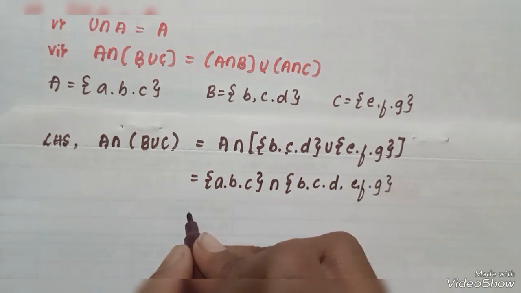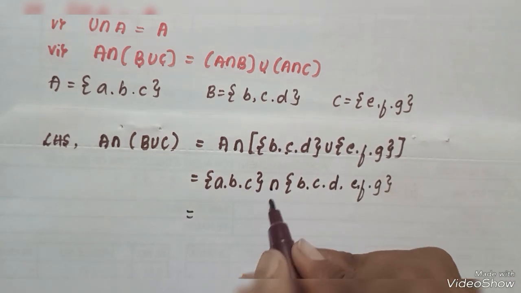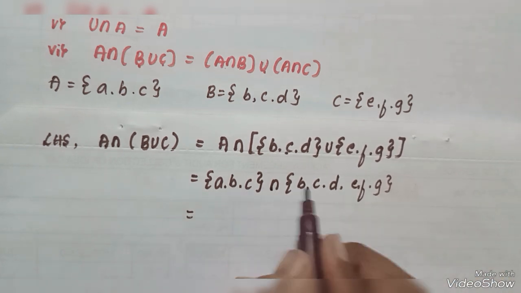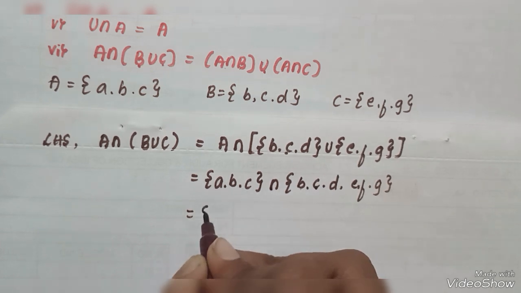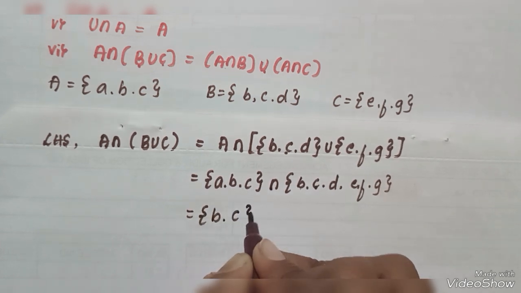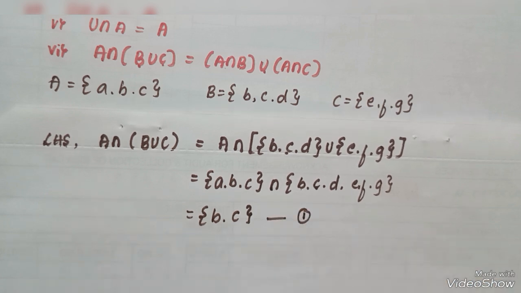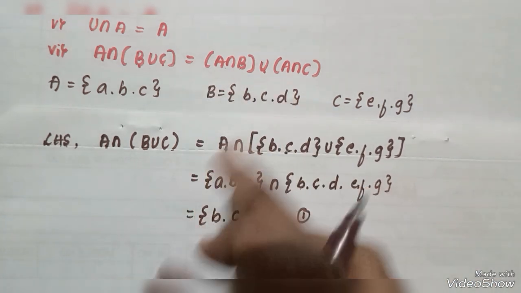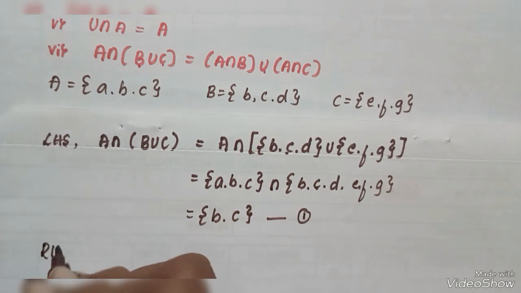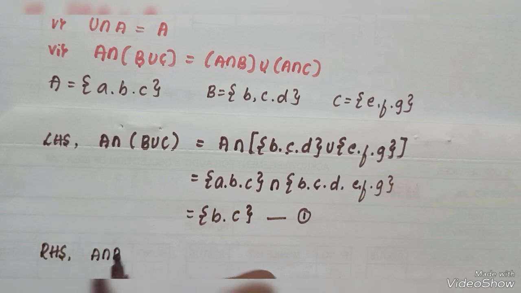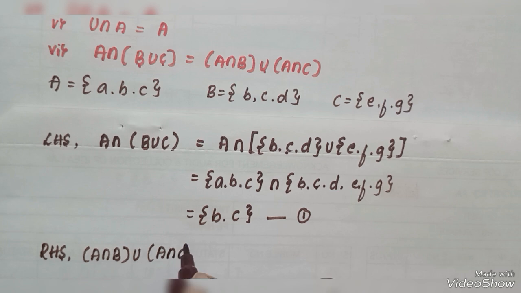This is the union. Now intersection. Intersection means taking the common elements between these two sets. What are the common elements? B, C. Here only the common elements B, C. This is equation number 1. Now again considering the RHS part, that is (A intersection B) union (A intersection C).